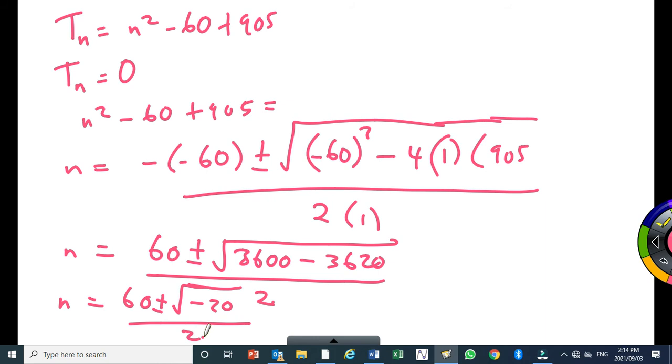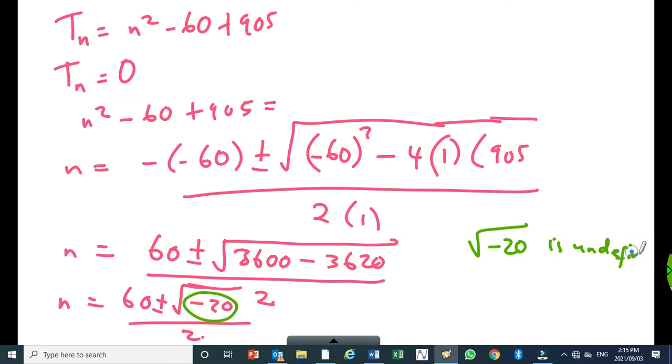Now, I'm sure you are aware that this is negative. Therefore, we can't solve for n here. So we'll say the square root of minus 20 is undefined. Therefore, right, I just need to check something here before I carry on.